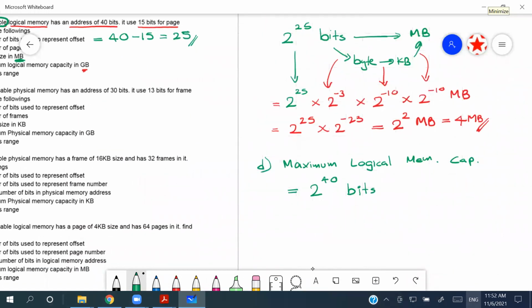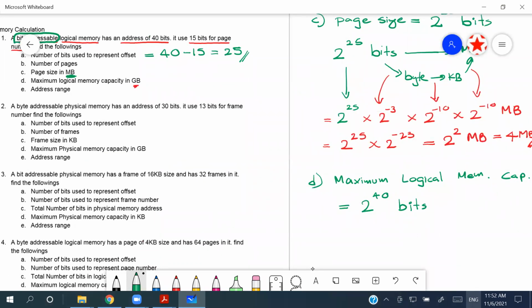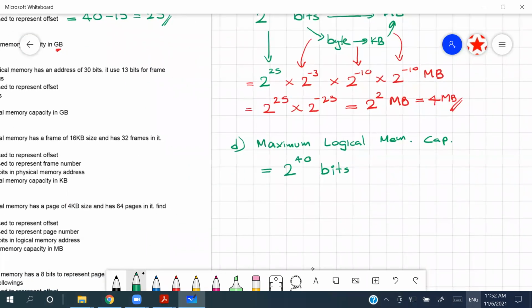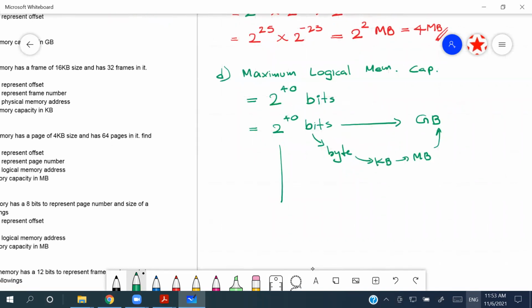Right, so 2 to the power 40 bits, but the answer is asking in gigabytes, right? So to convert bits into gigabytes, again, we are using the same way. We take 2 to the power 40 bits, now going to convert into gigabytes. So the journey is a little bit longer. Bits become bytes, bytes become kilobytes, kilobytes become megabytes, and megabytes become gigabytes, right? So we take 2 to the power 40 over here.